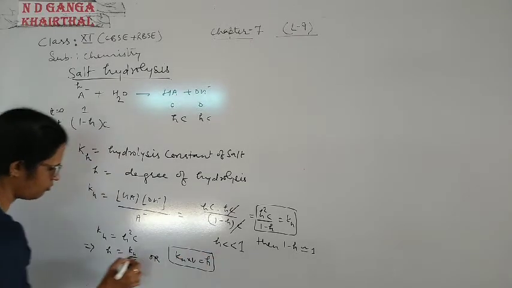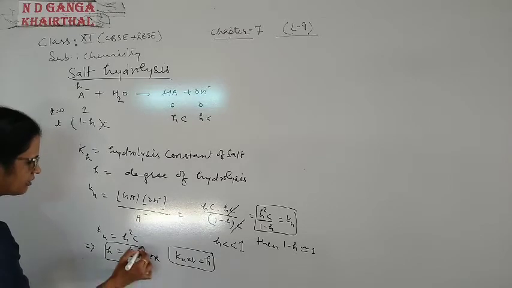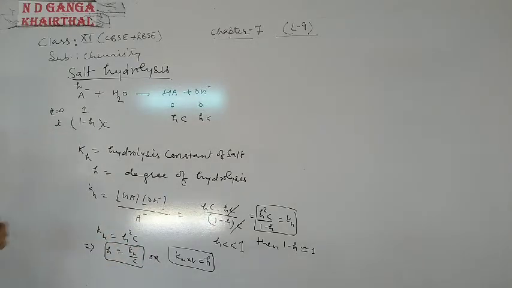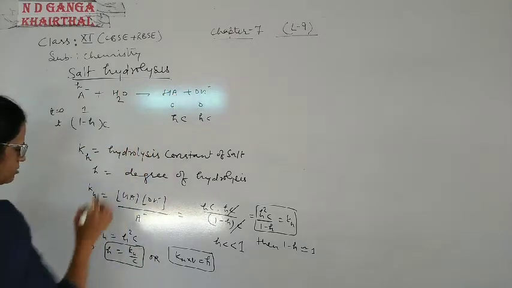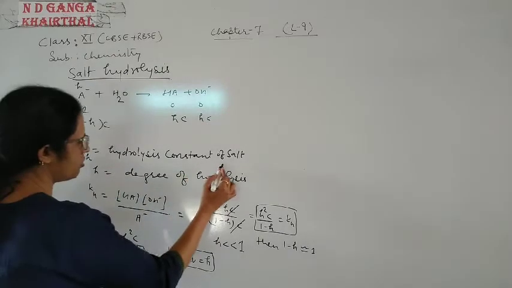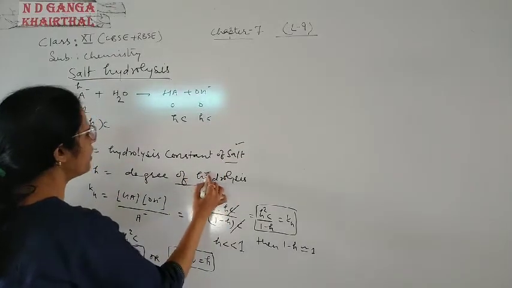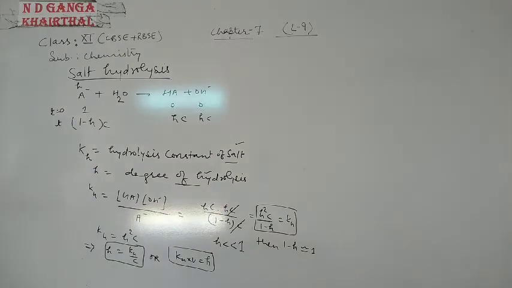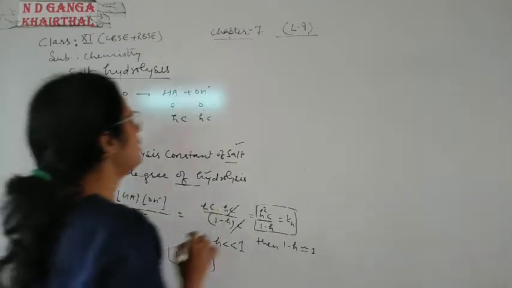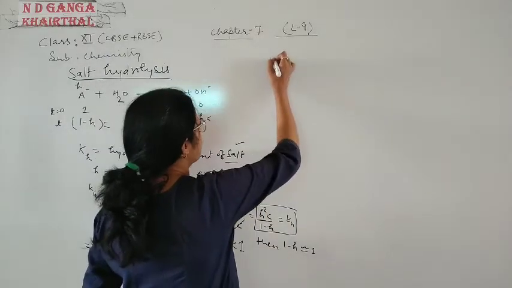So there is one formula and it is another formula. Salt hydrolysis: this is the hydrolysis constant of salt and this is the degree of hydrolysis. So we will calculate in this manner. Now we have 4 types of salts.